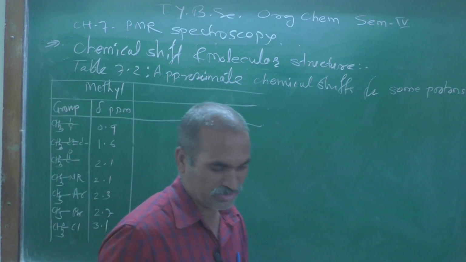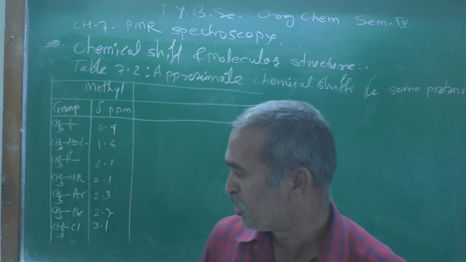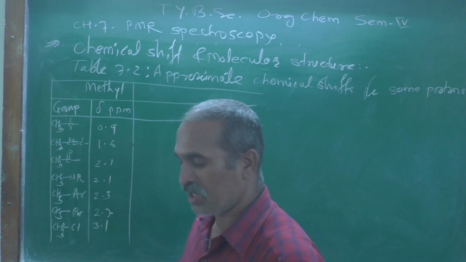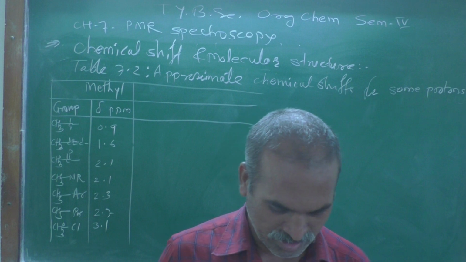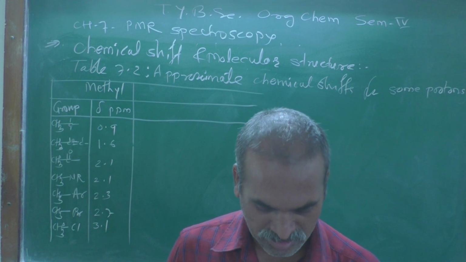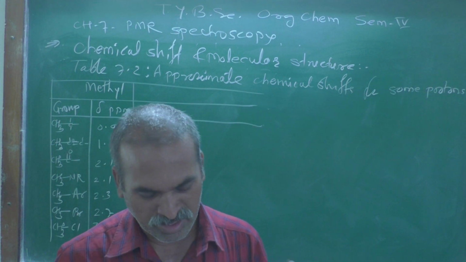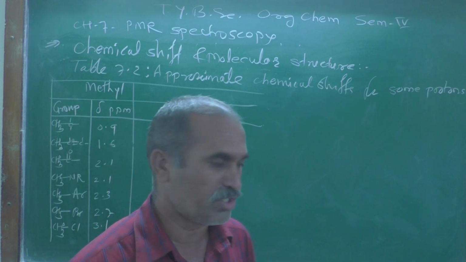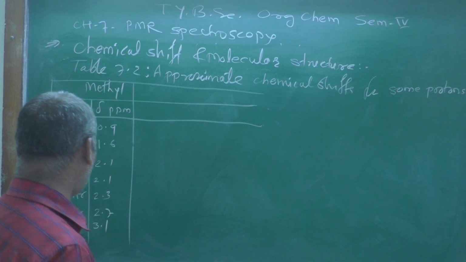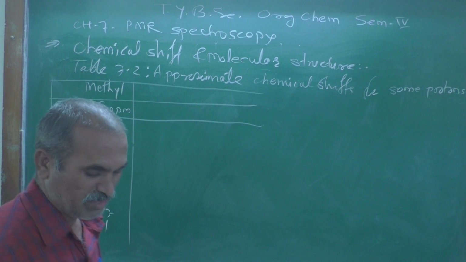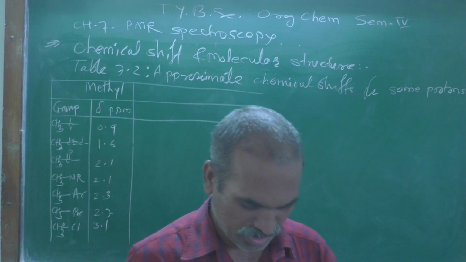See the difference between these two, even though they are halogen family members, there is a great difference in the chemical shift values. De-shielding is more in case of chlorine because chlorine atom is more electronegative in nature.